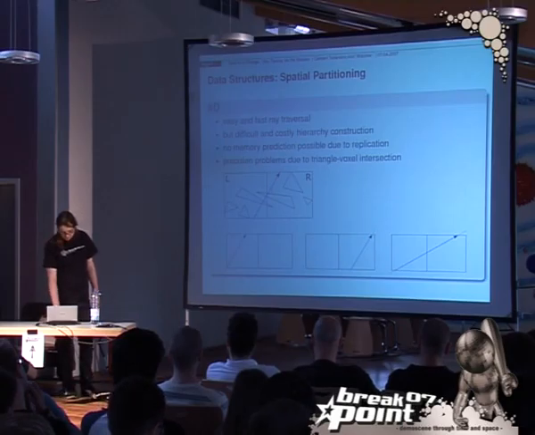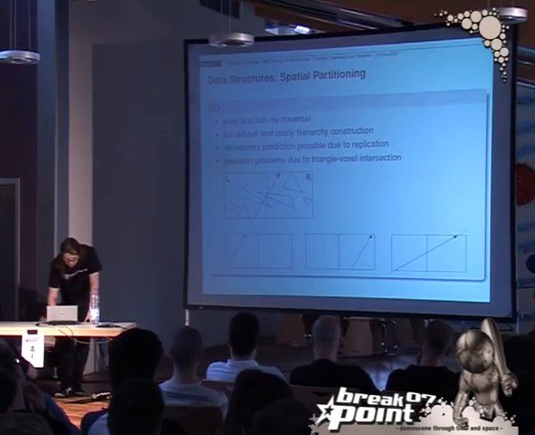And there are also precision problems, because if you sort the triangles to the left and to the right, you will need a triangle voxel intersection. Okay, you might say, why do I need that? There's just a split plane. I look, is it left, is it right, or is it crossing the split plane? That should be enough.